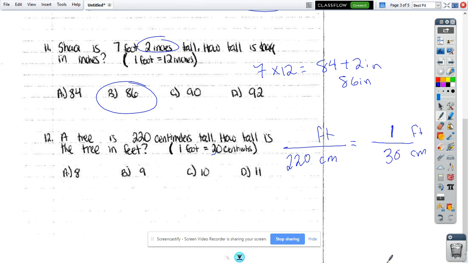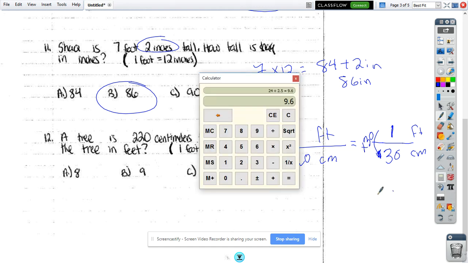So let's find my relationship. Here, we're going up to 30. So 1 times what is 30? Well, that's times 30. And so if my arrow is going down here, my arrow has to go up here. Here we did times 30, opposite direction, so we do opposite operations. So this is divided by 30.